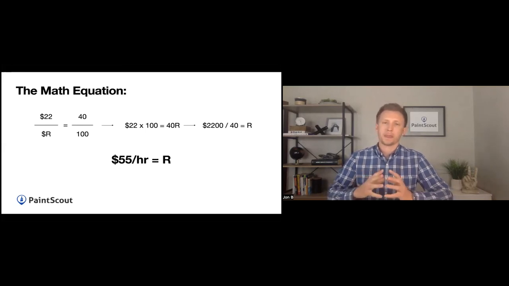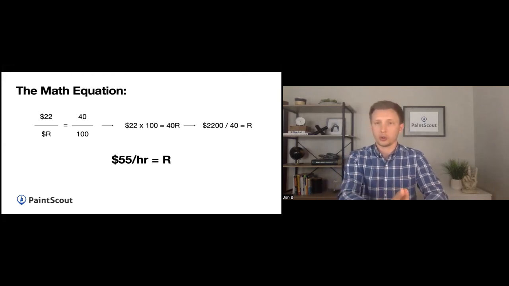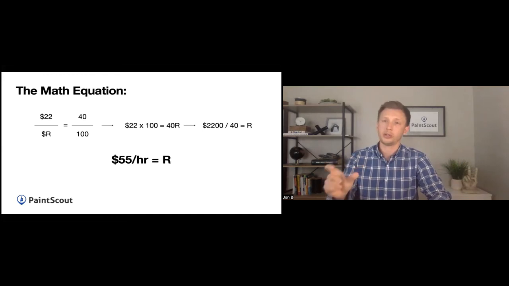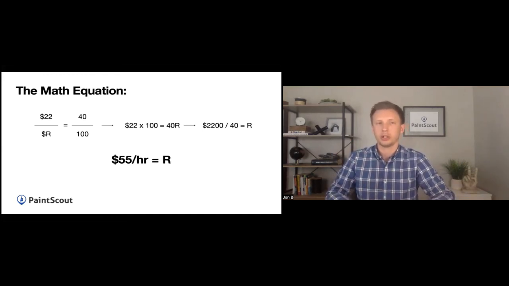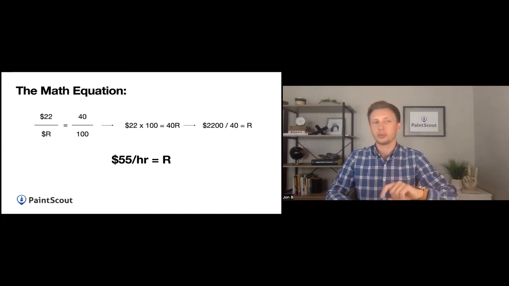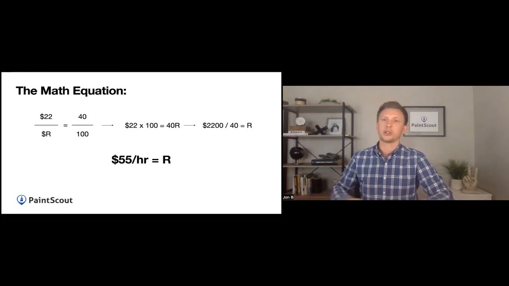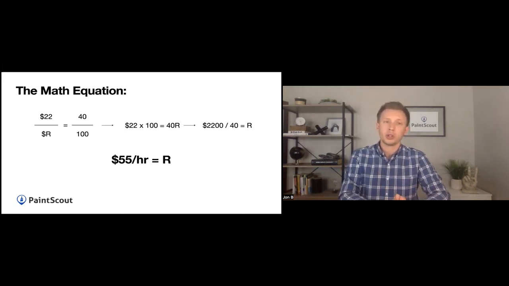Now, a couple things that you have under your control here. If the $22 an hour, say your company is different, once you do that actual calculation, you can simply change that number in this formula, and it's going to give you the result that is more applicable for your company. The other number that you can change here is the 40 over 100.